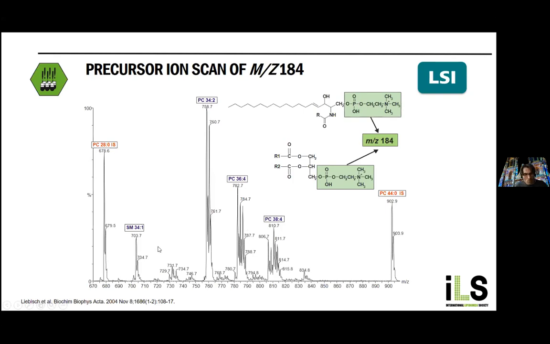So you will see from this precursor ion spectrum that PCs have even M over Z values, and sphingomyelins have odd M over Z values.